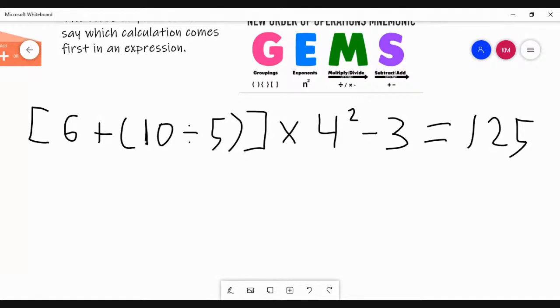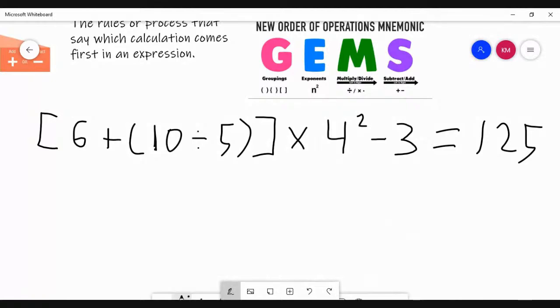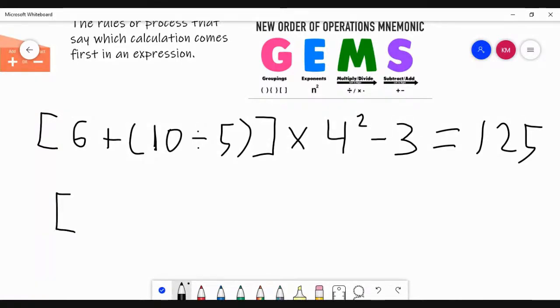So you will start with the inside parenthesis, which is 10 divided by 5, which is 2. So I would bring down my bracket or outer parenthesis and put 6 plus 10 divided by 5 is 2. Bring down my second bracket times 4 squared minus 3.